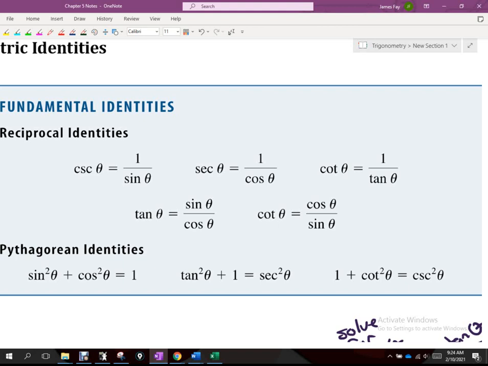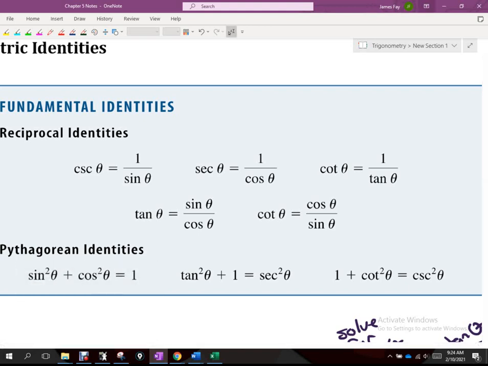I don't have a direct link from secant straight to sine, but I do have a direct link from secant to cosine, don't I? And yesterday, we also saw that there's a link from cosine to sine. The link from cosine to sine is this one.